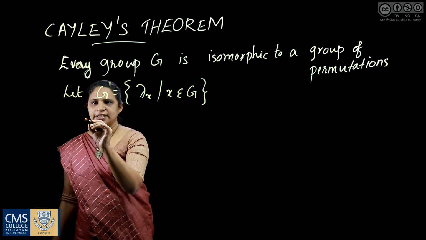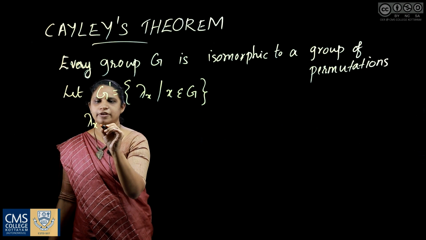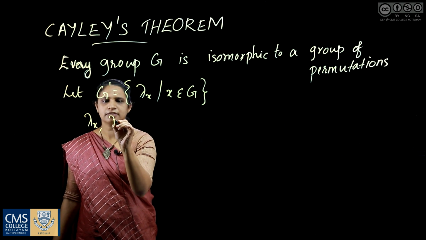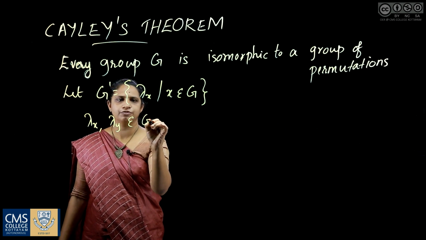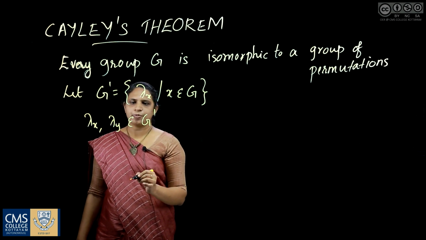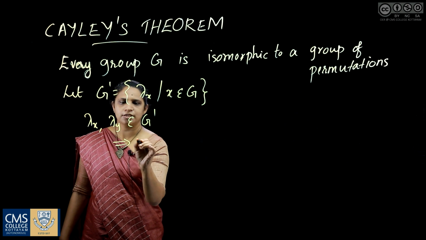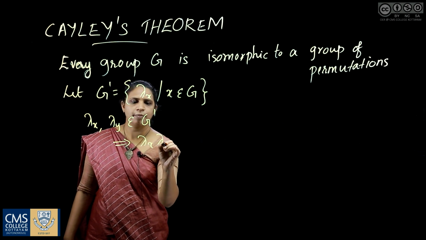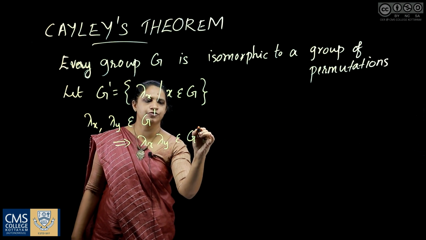So, if we take any two elements of G', that is λ_x, λ_y elements of G', then to prove the closure property, we need to prove that λ_x∘λ_y is also an element of G'.